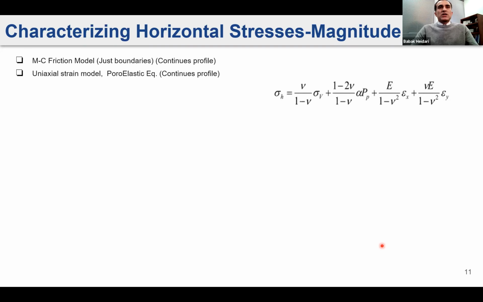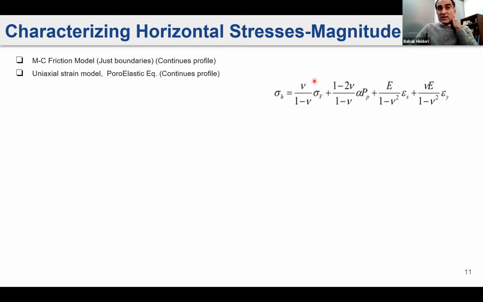We need some equations, which are, for example, the poroelastic equation. There is a minimum and maximum. I'm just showing here the minimum horizontal stress equation based on the poroelastic equation, which is dependent on the Poisson ratio, overburden, pore pressure, Biot coefficient, and Young modulus, and these are the tectonic terms.